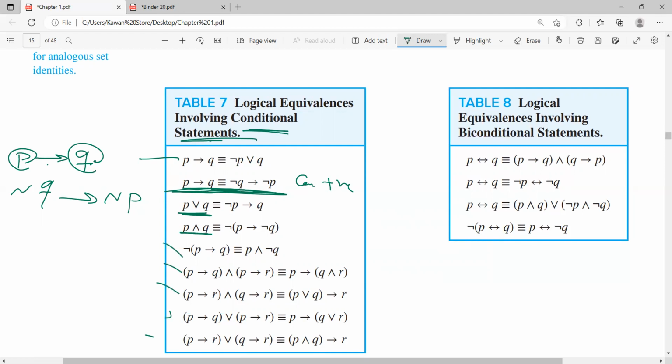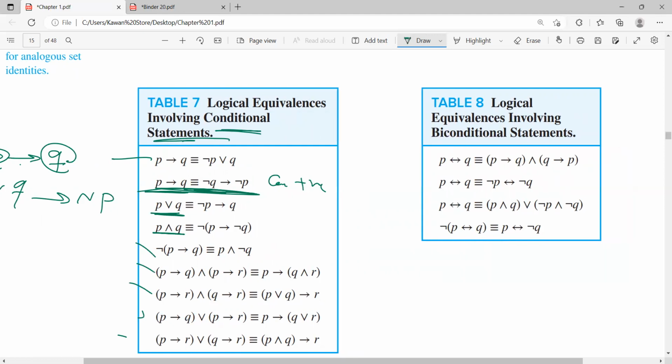So we are going to show some of them or the other. As I told you, if I forget, I'm going to use that one. P implies Q and Q implies P. So we should swap between them. Do you have any question? So that one's for biconditional, that one for conditional statement. So the important thing is here, all of them.